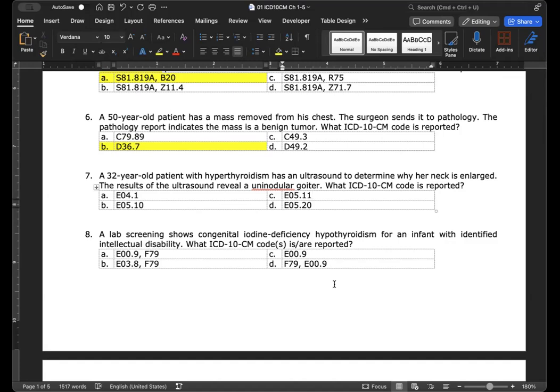Where would you go underneath goiter? Uninodular. Okay. Before you get down to uninodular, if you look directly underneath goiter, you have a "with hyperthyroidism" option, right? Where does it tell you to go for that?